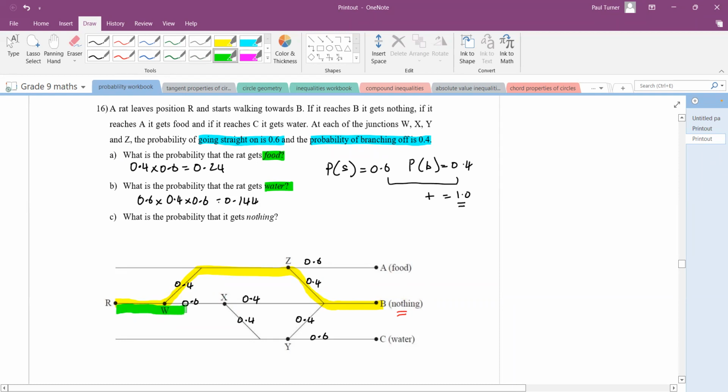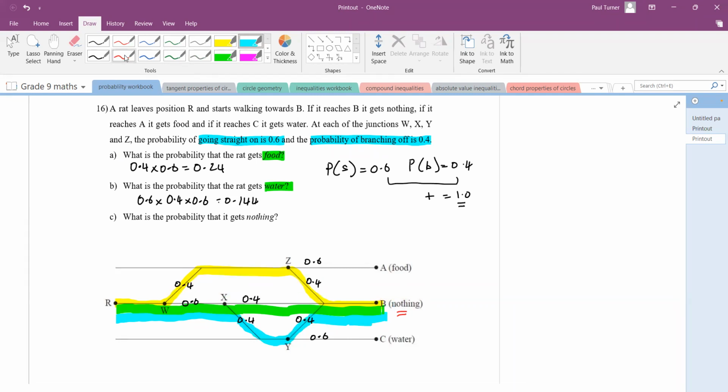So the rat can go in a straight direction like this. So that's the second way. And you can see the third way is if he goes across, down, and then goes up again like that. Okay, so you can see there's actually 3 ways to get nothing. So that's quite a high chance the rat's not going to get any food or water.